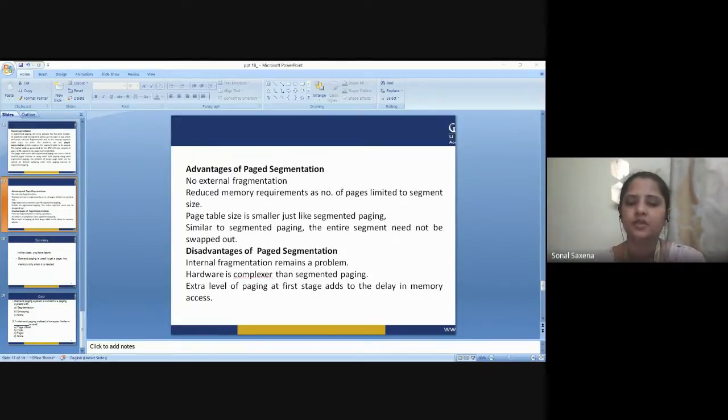The size of each page table equals the number of entries in the page table times the page table entry size, which equals the number of pages the segment is divided into times 2 bytes. That equals 8K divided by n times 2 bytes, which equals 16K divided by n bytes.